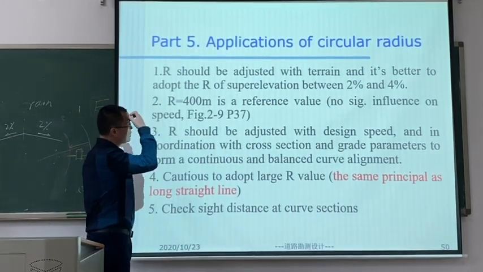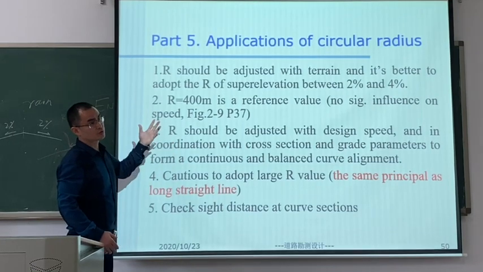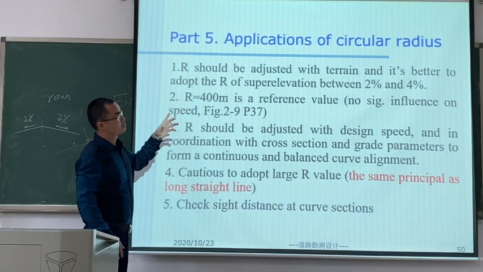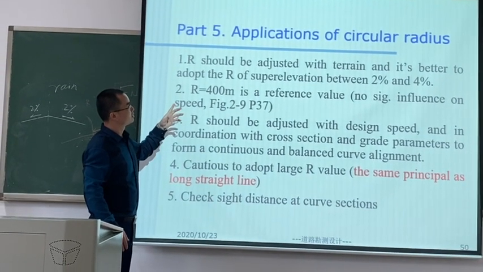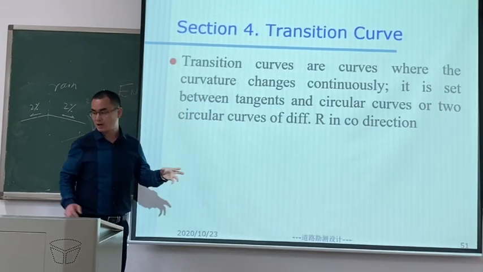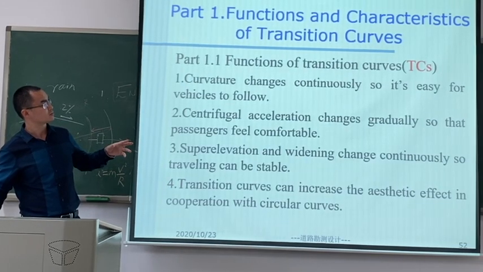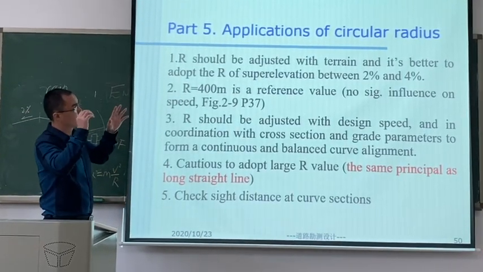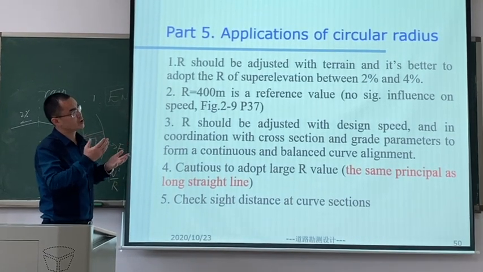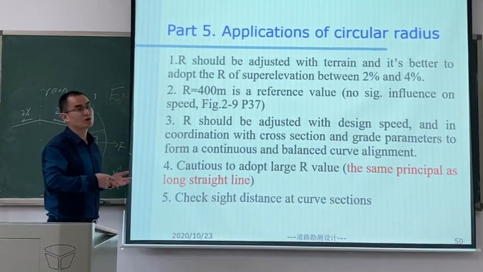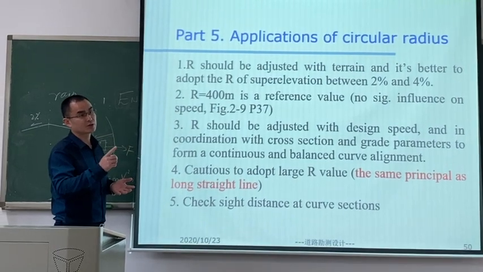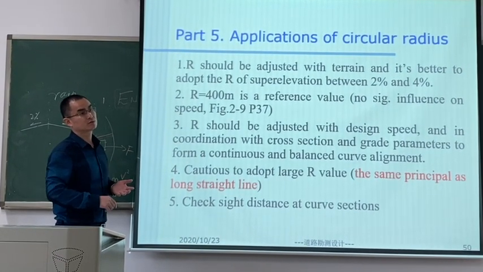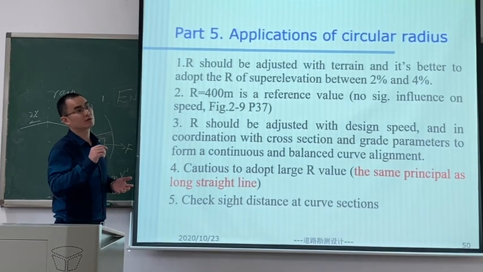So, when you choose R, when you choose the radius, you can calculate superelevation with V, the speed, R, and mu.